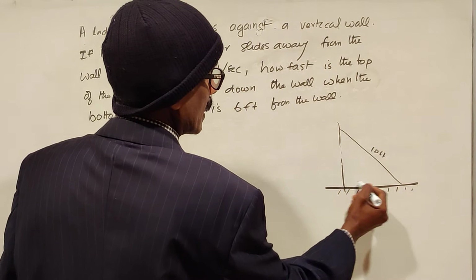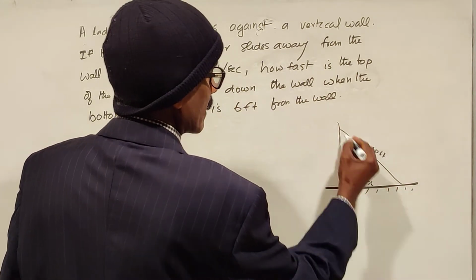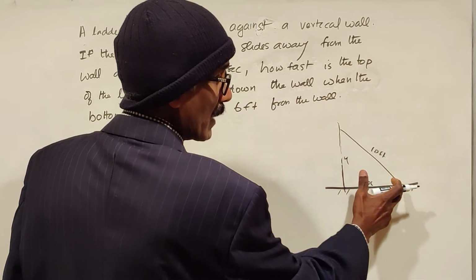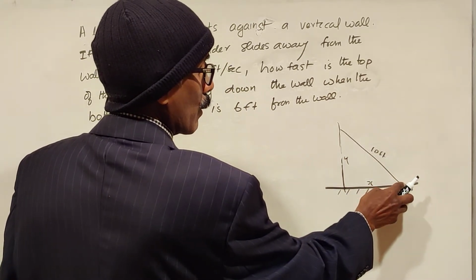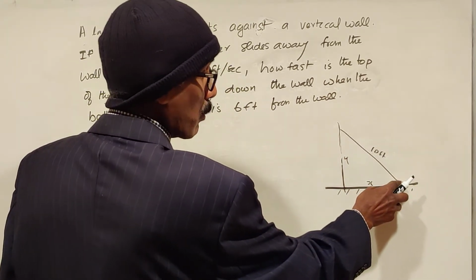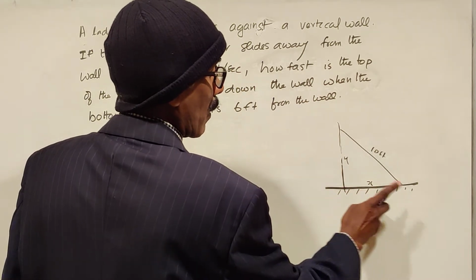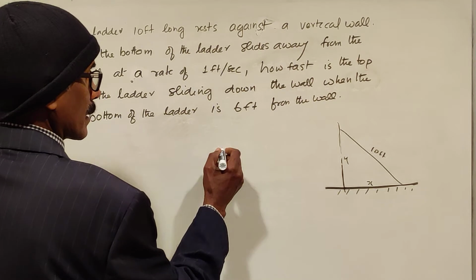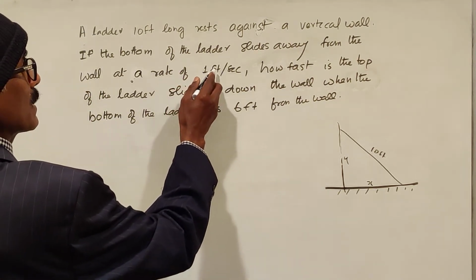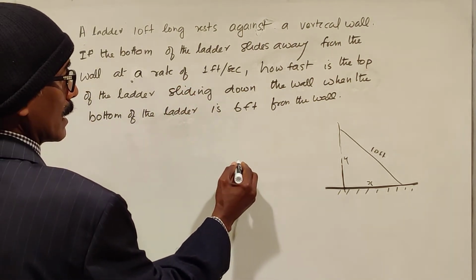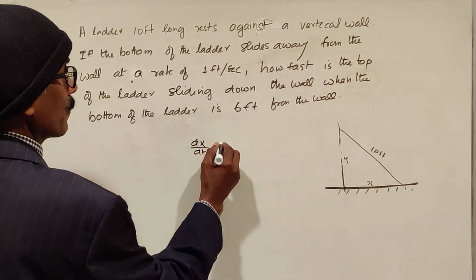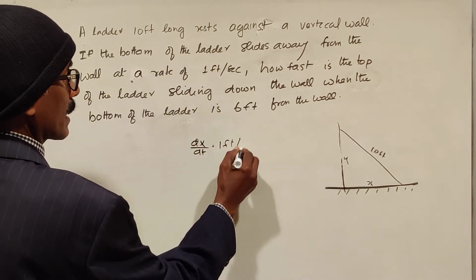See, suppose this distance is x and this distance is y. The speed of the bottom of the ladder from the wall is dx by dt. That is, rate of change of distance, dx by dt, is 1 feet per second.